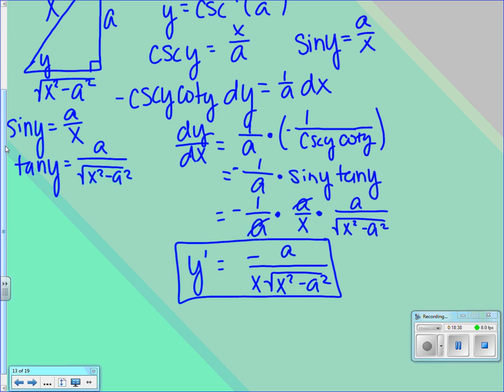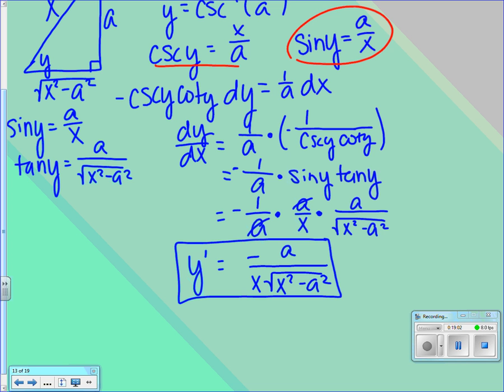Now, I'm going to show you that instead of using the cosecant of y, you can actually change it into the sine of y equals a over x, if you would rather do it that way. We already worked with that a little bit, but what we were using earlier was x over a. So it's not going to be the same as just taking the derivative of the sine of y and going from there.